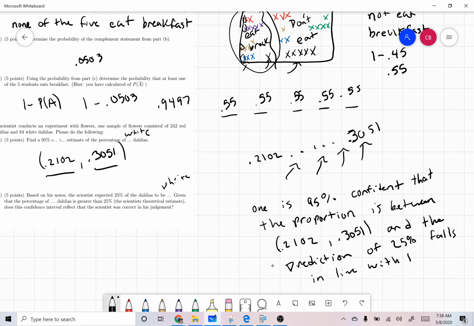And so obviously then that would indicate that this scientist was correct.